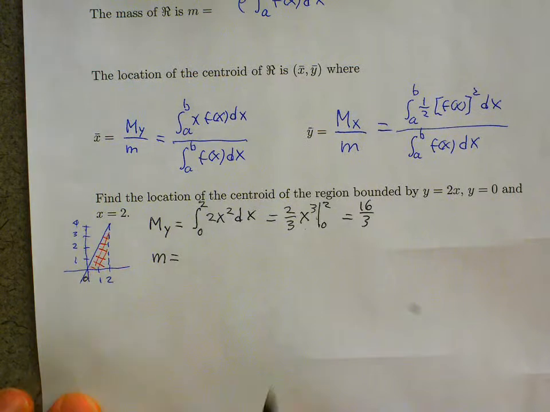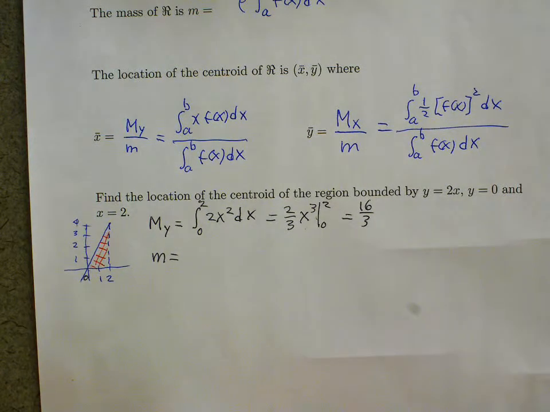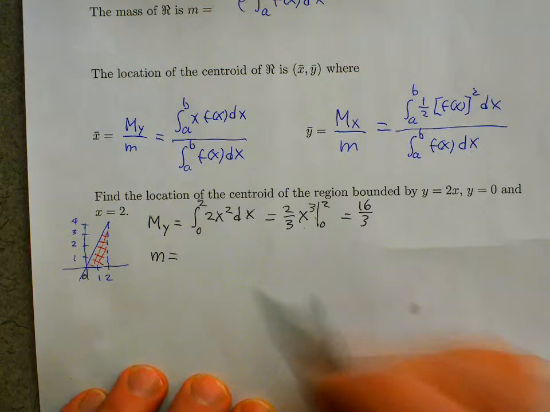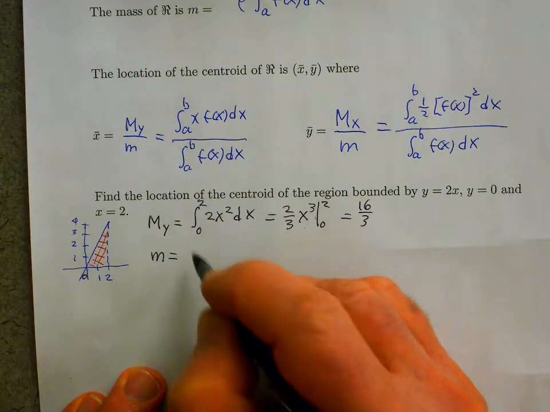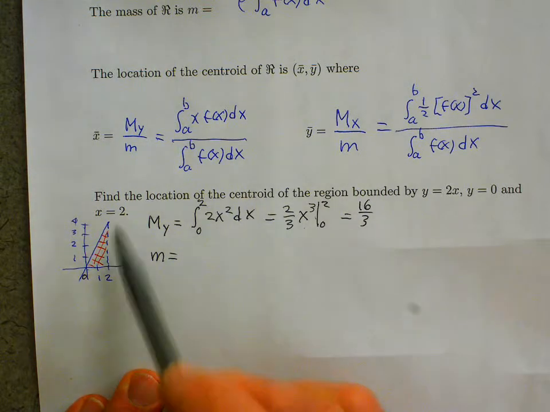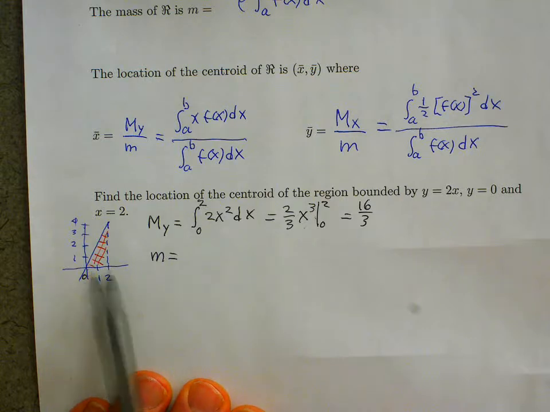So the mass is rho times the area of that region. Assume rho is 1. Since that's just a triangle, you can find the area easily enough.